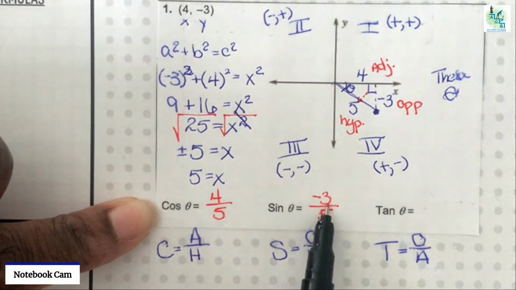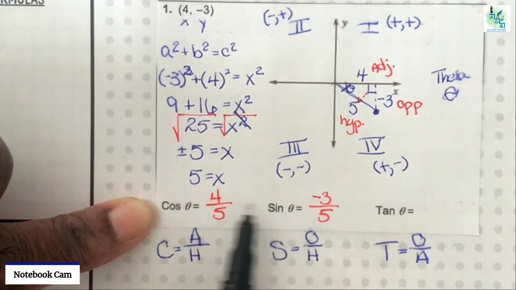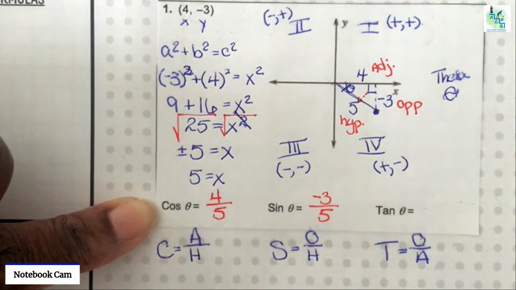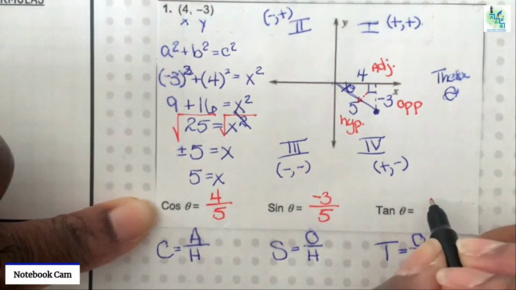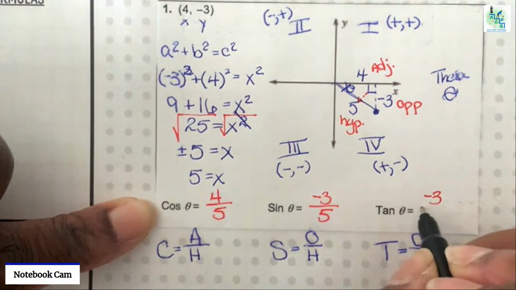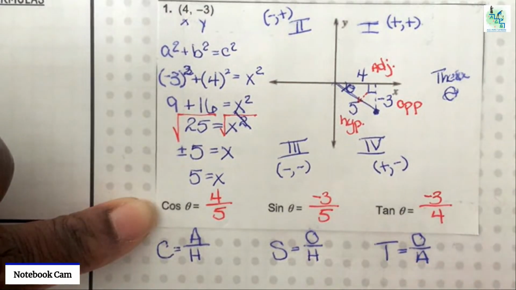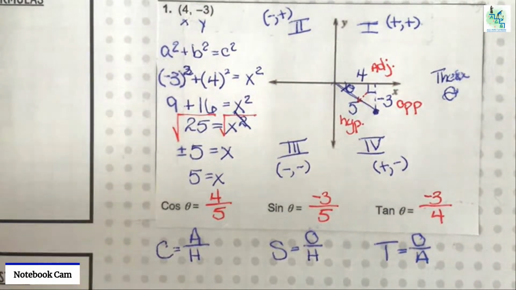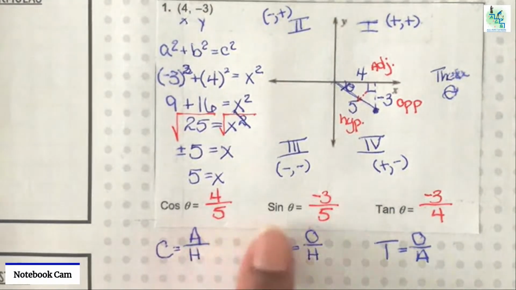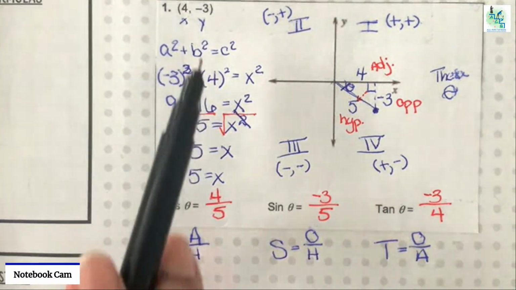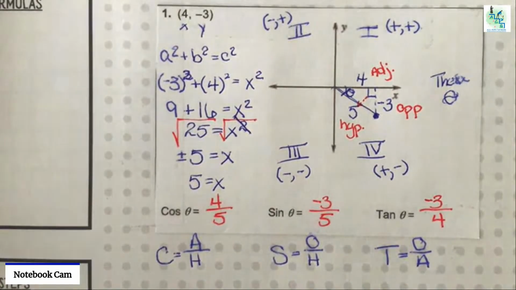And if you want, you can take the numerators of the sine and the cosine to help you out. So opposite is -3, and adjacent is 4. Okay, so this is how you figure out your ratios when they give you a point.